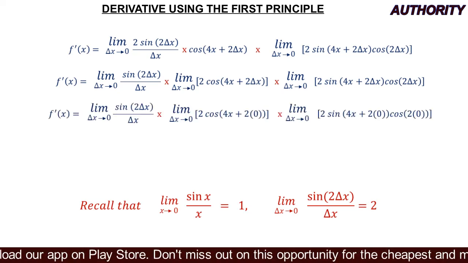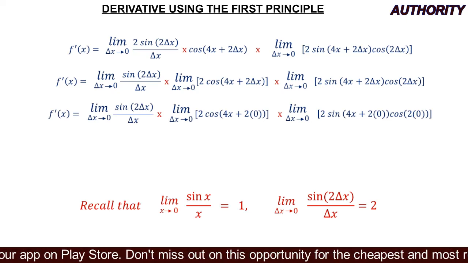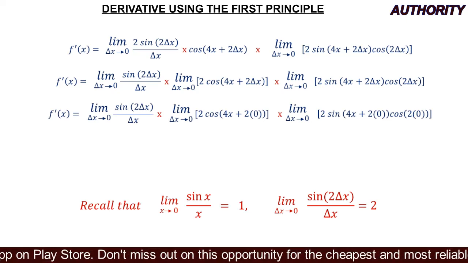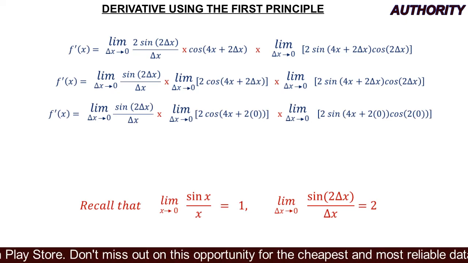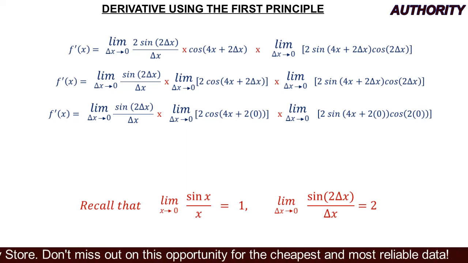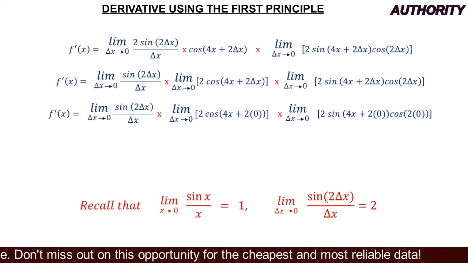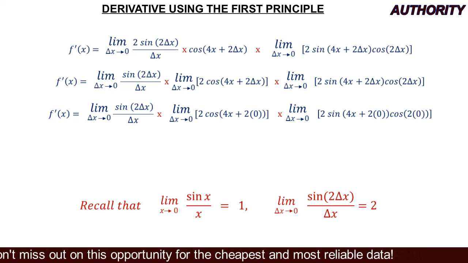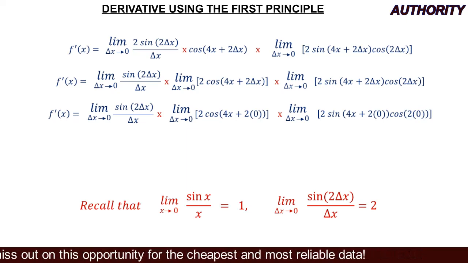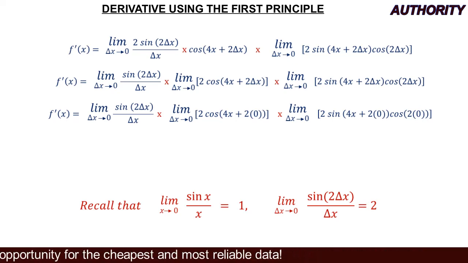We have limit as change in x approaches 0, 2 cos 4x plus 2. In place of change in x, we write what? 0. Close the bracket. Times the last one here, we have limit as change in x approaches 0, 2 sine 4x plus 2 upper bracket. In place of change in x, we write 0. Then cos 2 0. Are we together?